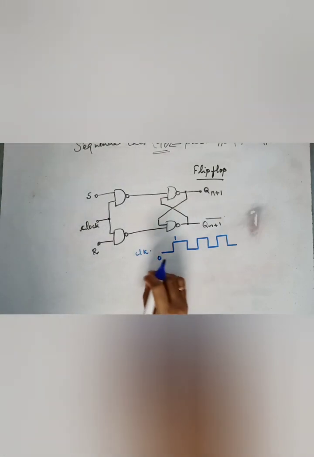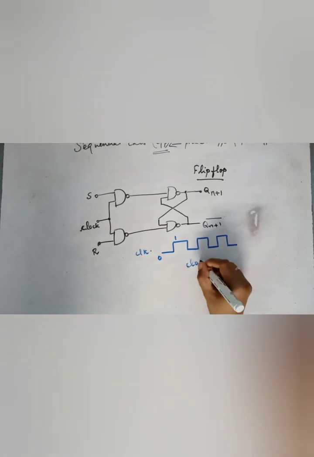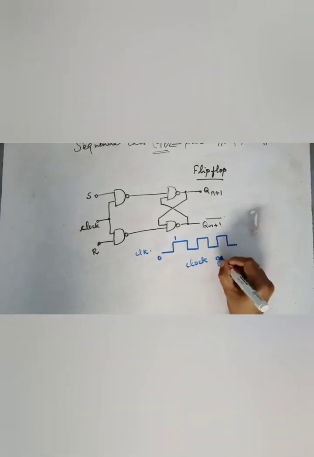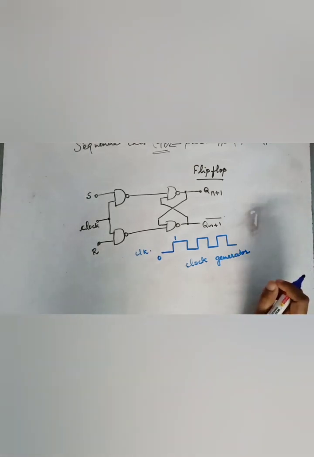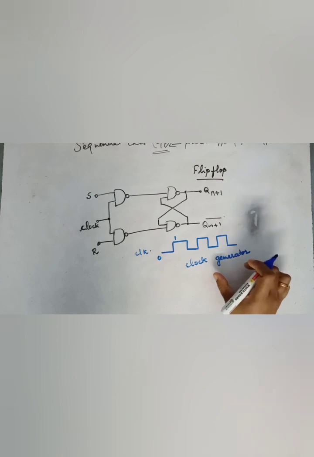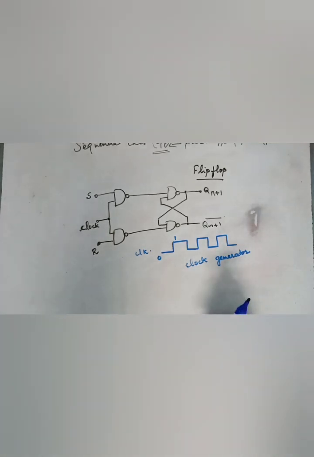It is normally taken in labs from a clock generator. You have a circuit called the clock generator in all the digital kits. From there you can take a series of pulses which will go on till the time you require.